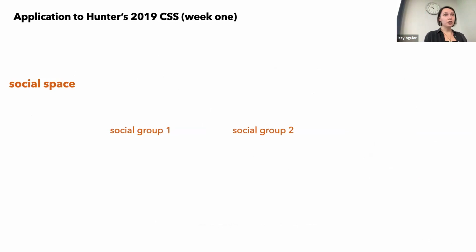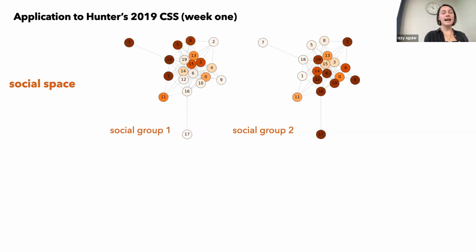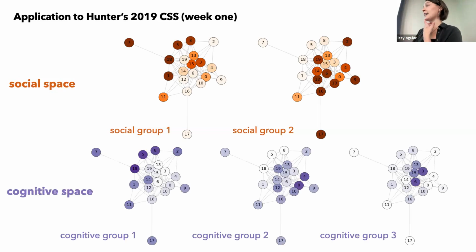And again, we'll view each student's proportional membership to each of these groups. So we see that the first social group and the second social group are kind of organized like this. We'll interpret it in a second.